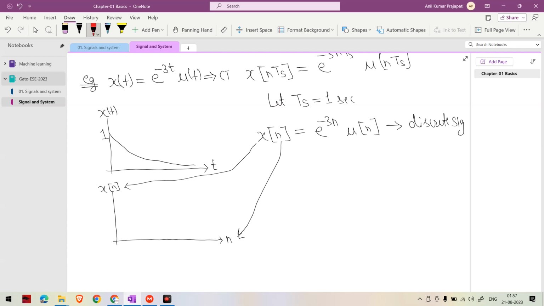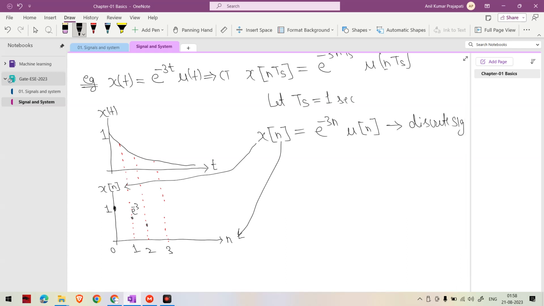So what I am doing here, I have to sample it. So I am sampling it at particular values of n, like n equal to 1, n equal to 2, n equal to 3, and you will get different values. So at n equal to 0, you will get value equal to 1. So at n equal to 1, you will get the value e raised to power minus 3.